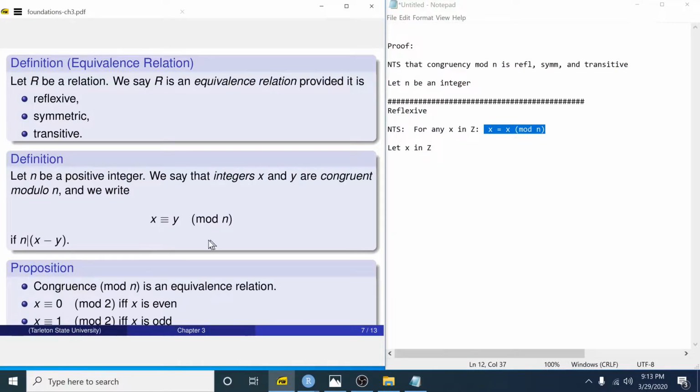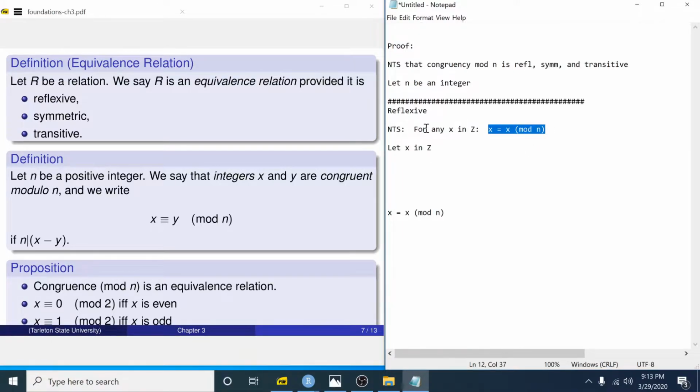The definition is that n divides x minus y. An interesting thing about Notepad here is I can write where my goal is. Our goal is to say that x is congruent to x mod n. This is what the proof template would say.